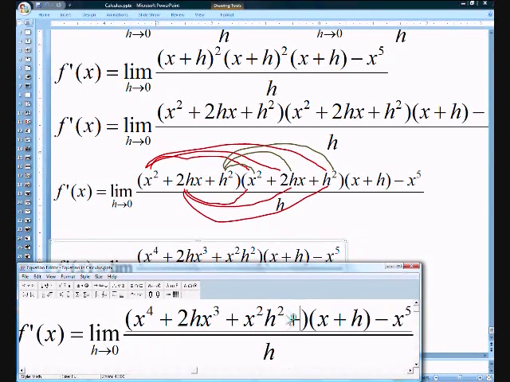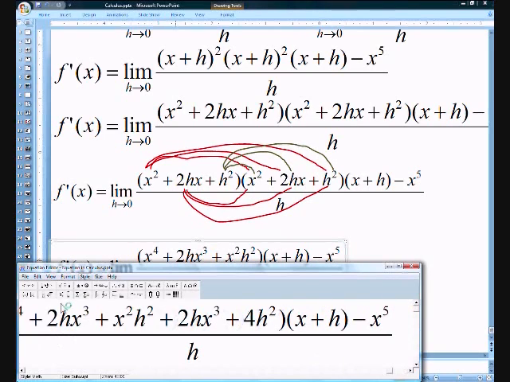So now it's going to be 2hx multiplying everything, so that's going to be 2hx cubed. Plus 2hx times 2hx is going to be 4h squared x squared, right?